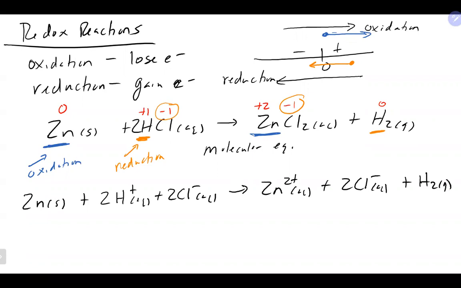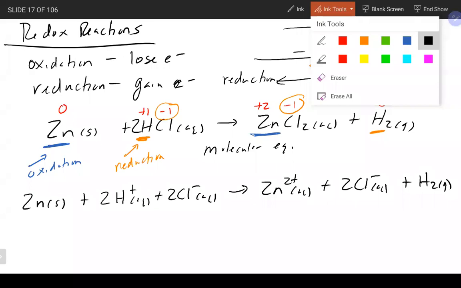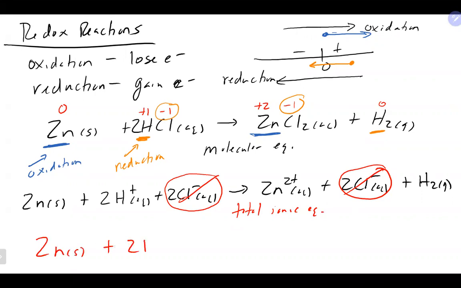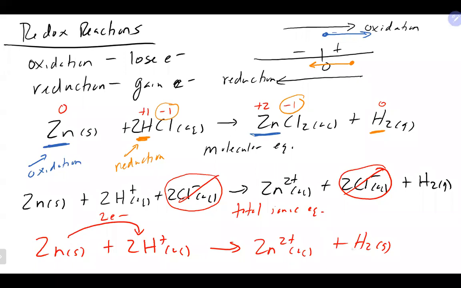When we look at this, we see that we actually only have one spectator ion, which is the chloride, which is the guy that's not changing in terms of its charge. And if we cancel that out from our total ionic equation, we are left with the net ionic equation of what's happening here in this redox reaction, which is basically the zinc here is going to toss over a couple of electrons, and the hydrogen is going to accept both of those electrons.